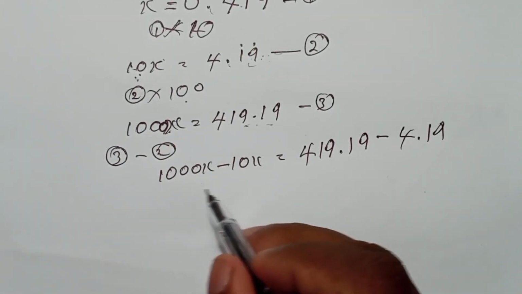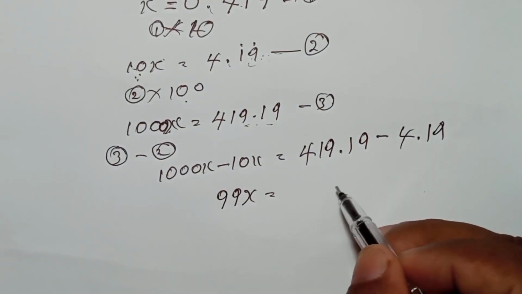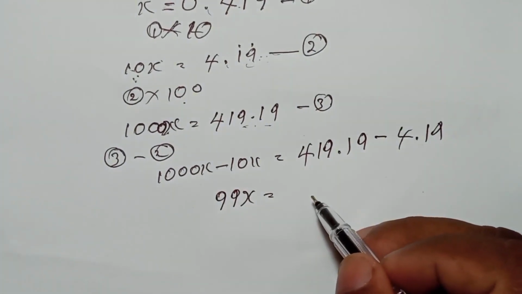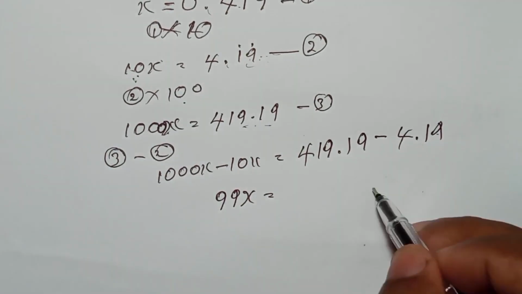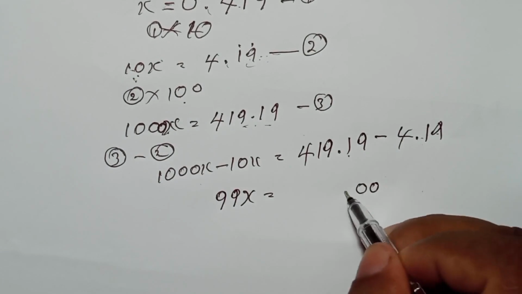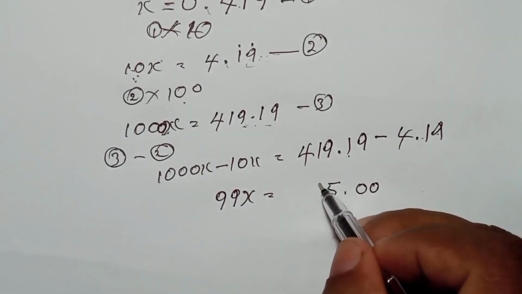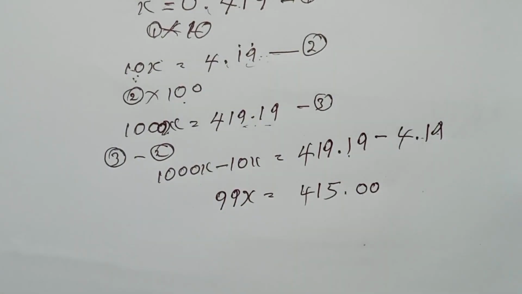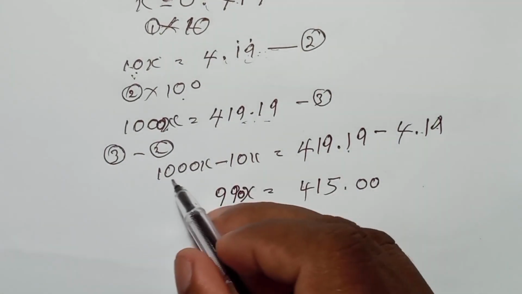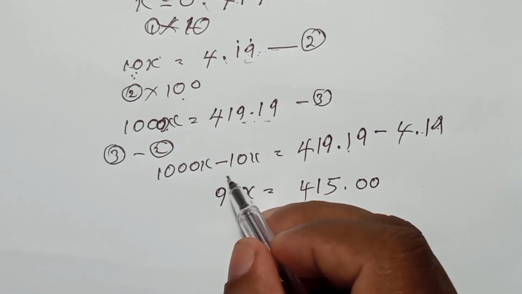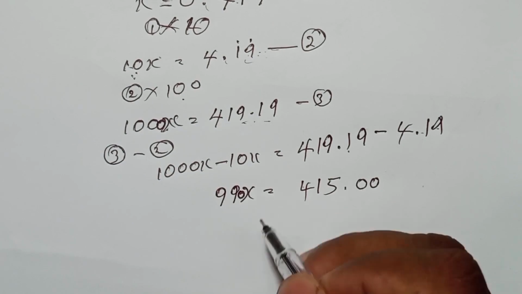So the answer here will be 990x, and on the right when you subtract, 9 minus 9 is 0, 1 minus 1 is 0, and 9 minus 4 is 5, and 4 has nothing to subtract, so 415. Here 1000x minus 10x means 990x.